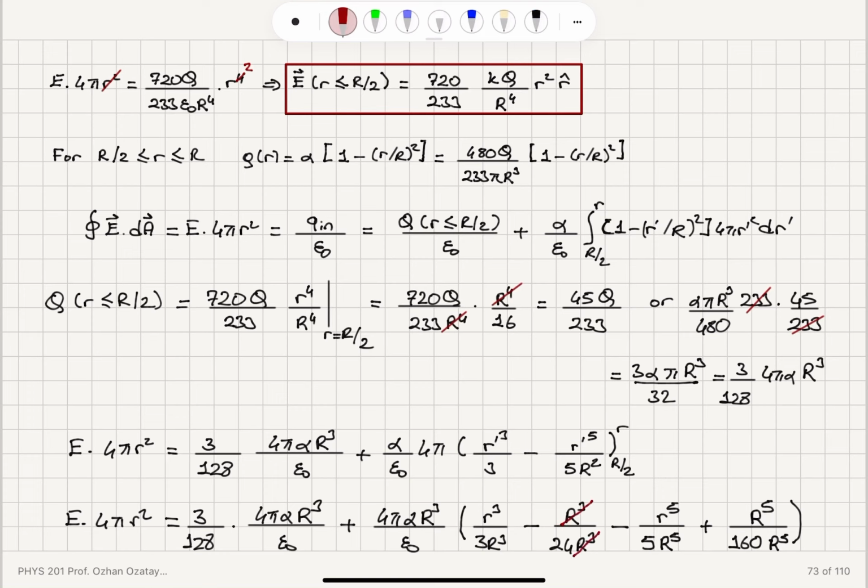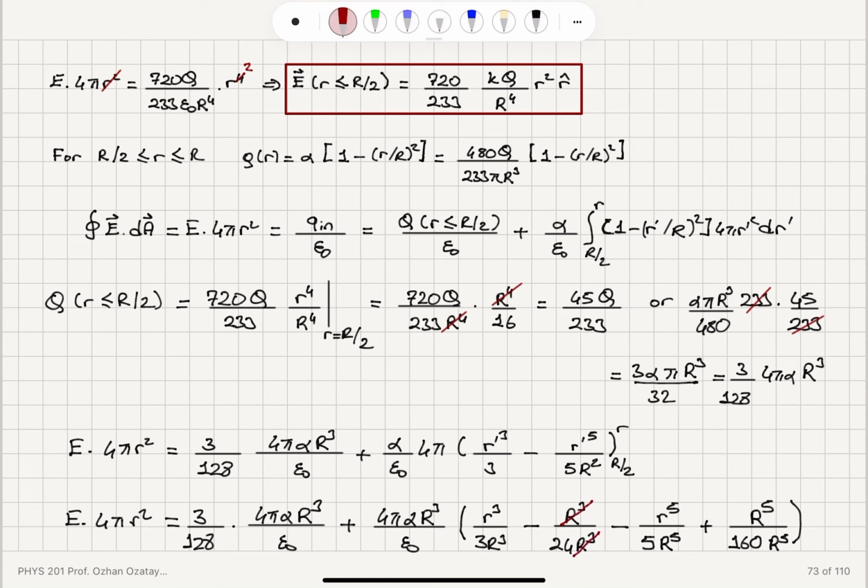So if I continue working on this, I have E times 4 pi R square is equal to the charge enclosed, 3 over 128 4 pi alpha capital R cube over epsilon 0, that is for R less or equal to capital R over 2. And then here I have 4 pi alpha capital R cube over epsilon 0.